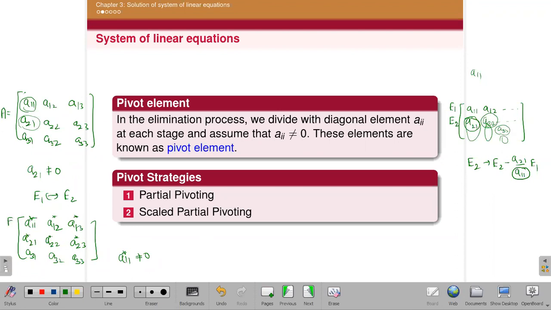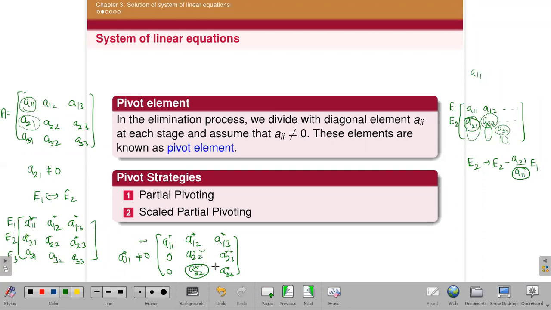This is E1 now, this is E2, this is E3. After applying two operations, we make these elements 0. Suppose A11 star, A12 star, A13 star, then these elements will become 0. These entries will also change. Now to make this element 0, we will use A22 star.